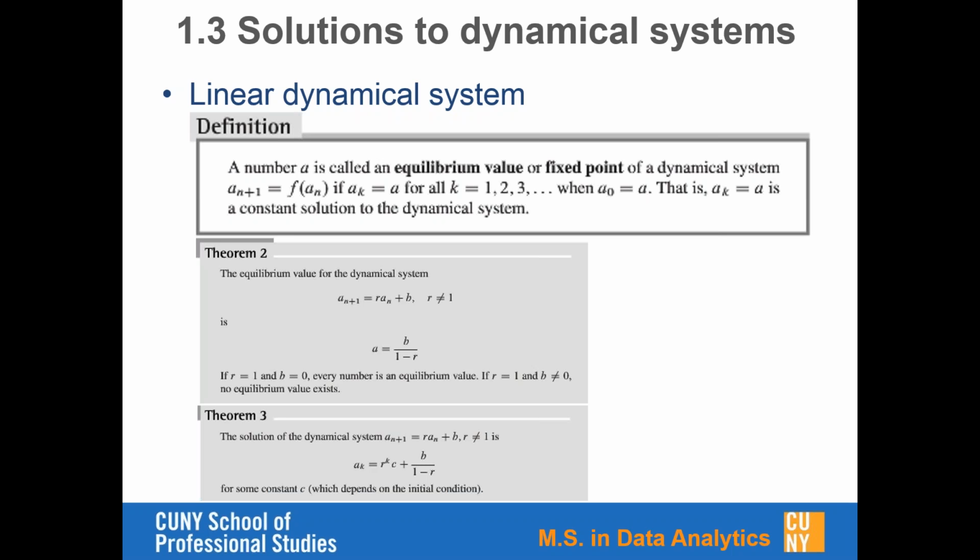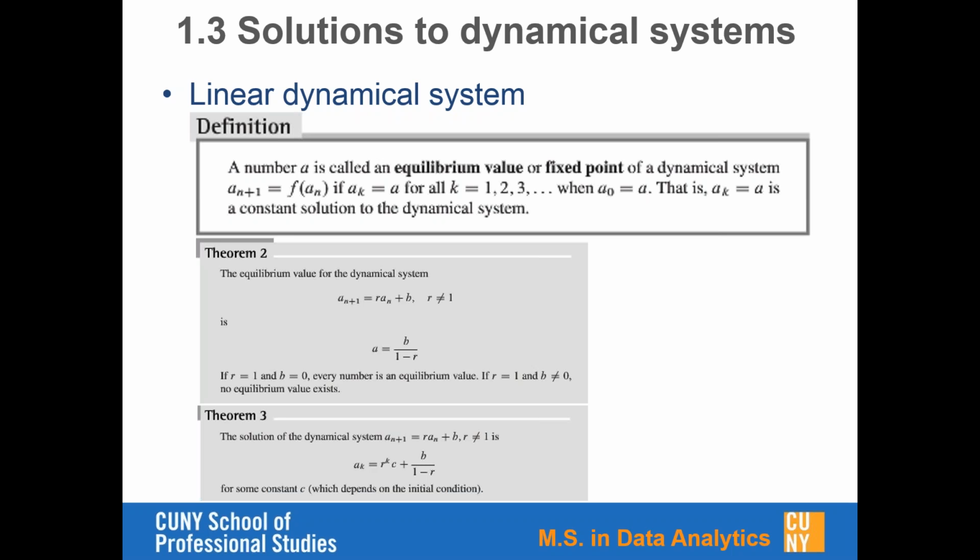So for example, if you look at the equilibrium value for the following system, a_{n+1} = r a_n + b, it is really a = b divided by 1 minus r. So it says that if r equals 1 and b equals 0, every number is an equilibrium value.